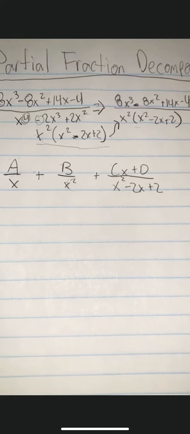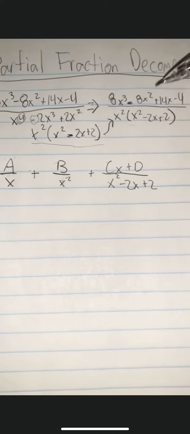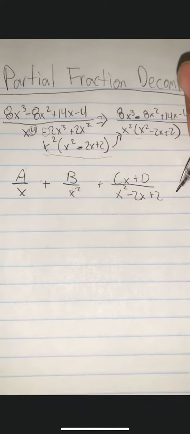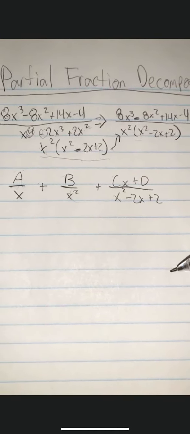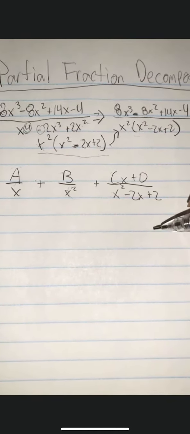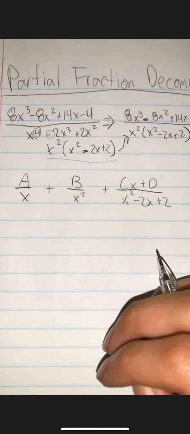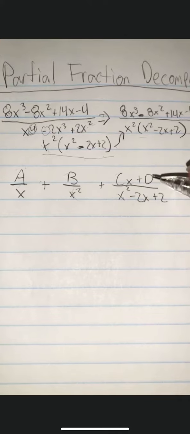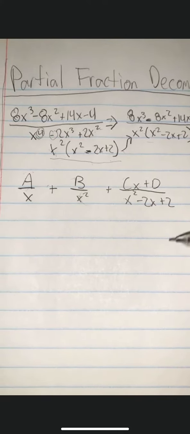Okay, so what we did was we separated our denominator into different parts, and now we have to get the common denominator. It looks like everything will have to be multiplied by something. So our common denominator will look like this up here.